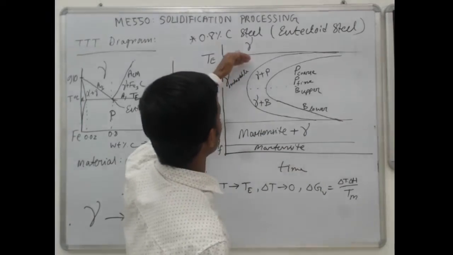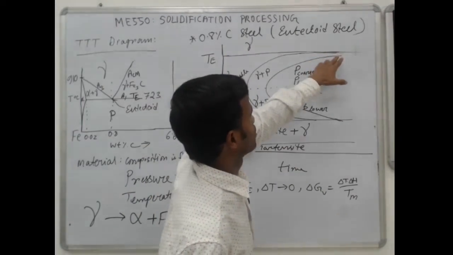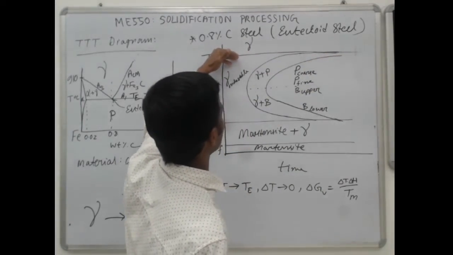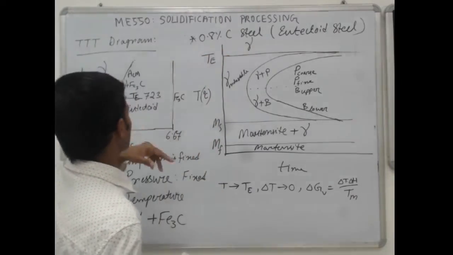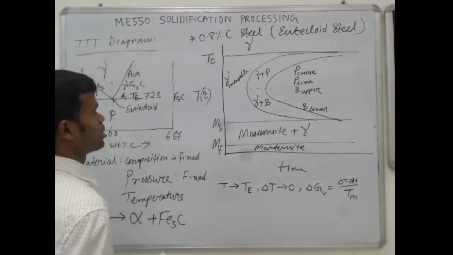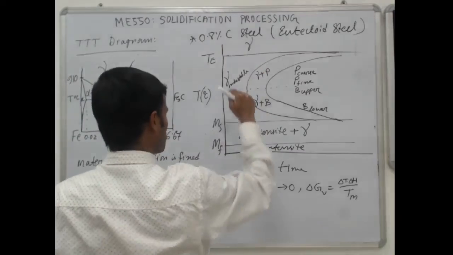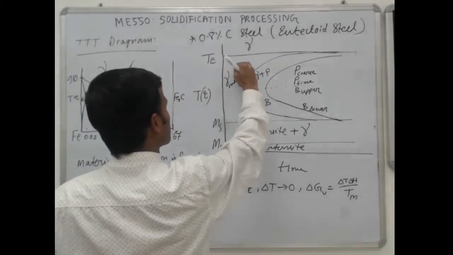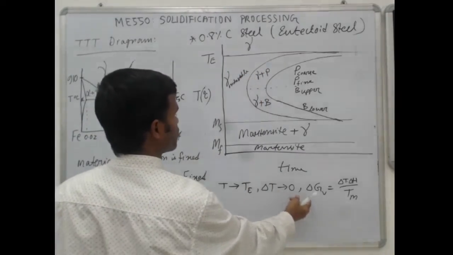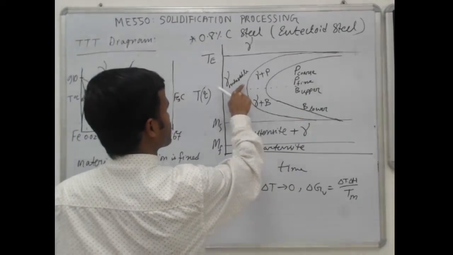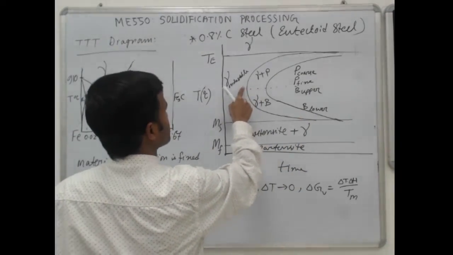That is why it is almost impossible here. If it is close to the T0 temperature, pearlite will not be transformed. You need some undercooling to start the nucleation. As your undercooling increases, the driving force also increases, so your nucleation time decreases.